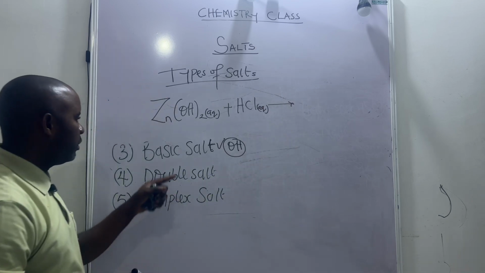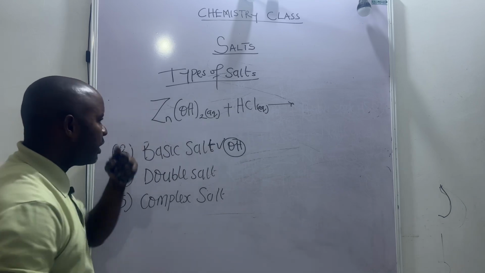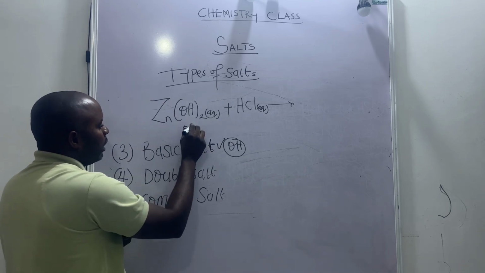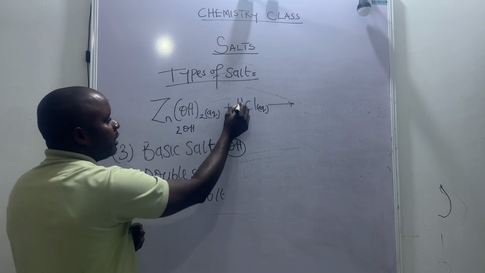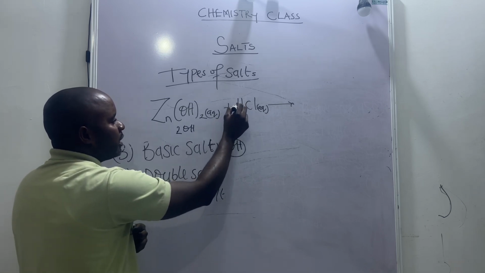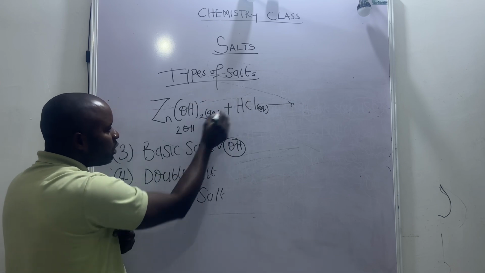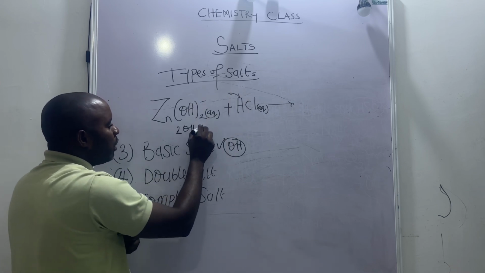When you have this zinc hydroxide reacting with HCl, you can see that here we have two OH. If one of them is to be replaced, one of these hydrogens is going to attach to this OH to give a water molecule.